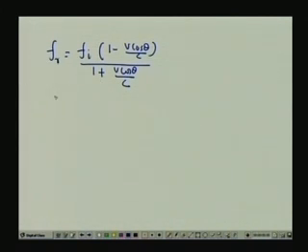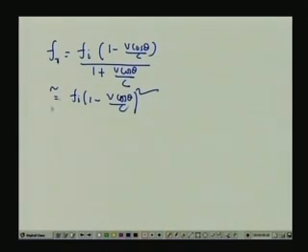We can simplify this to Fi (1 minus V cos theta by C) whole square, where Fi is the frequency of the incident beam and Fr is the frequency of the reflected beam of the ultrasonic wave.